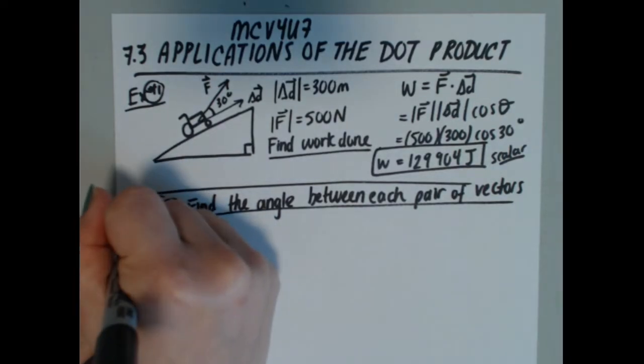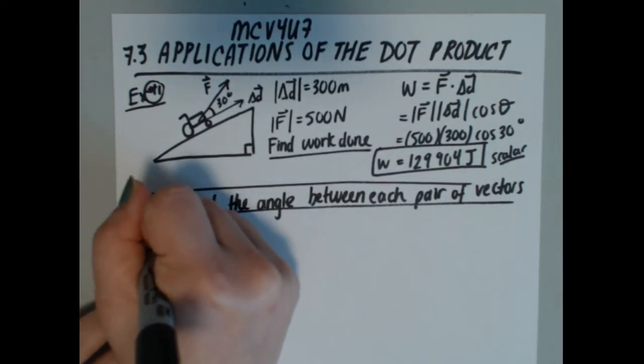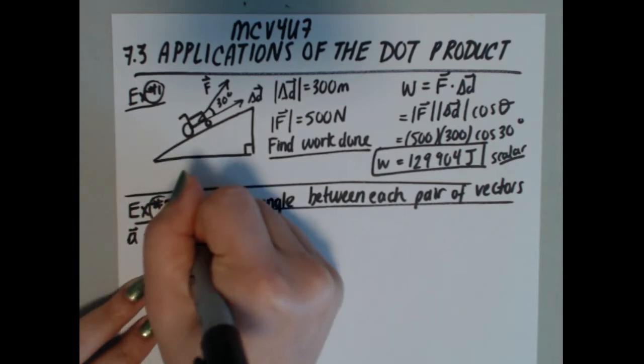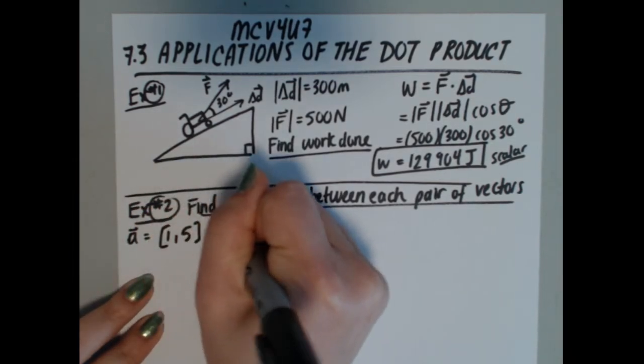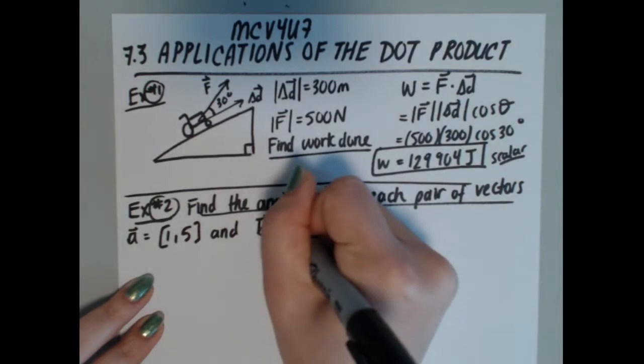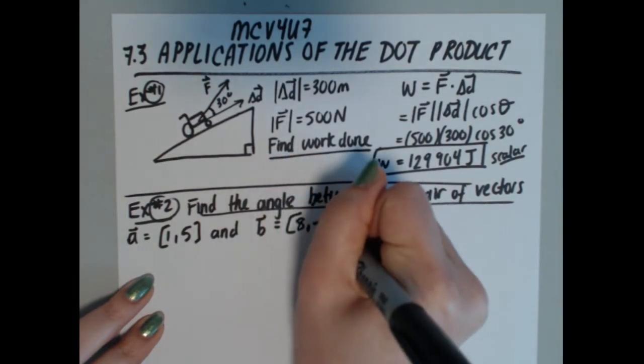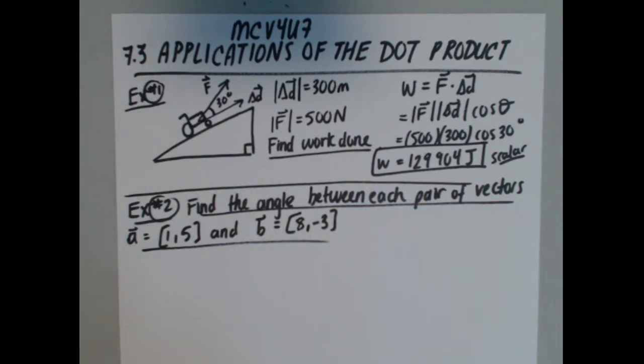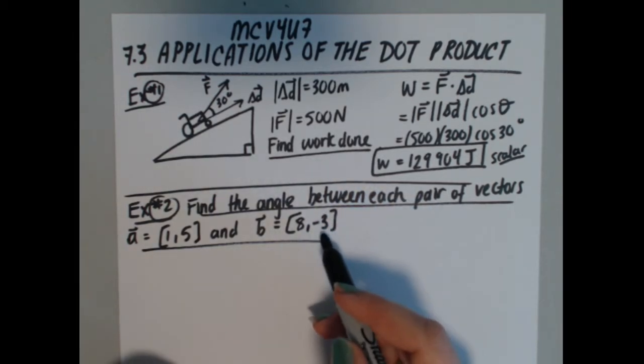Okay, so let's find the angle between vector A. Vector A is 1, 5, and vector B is 8, -3.